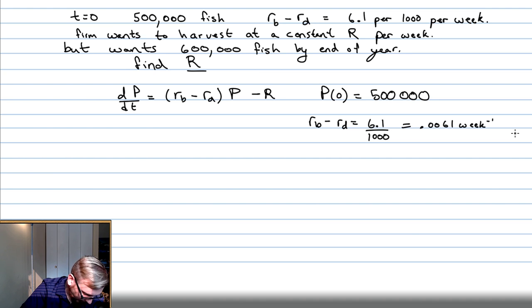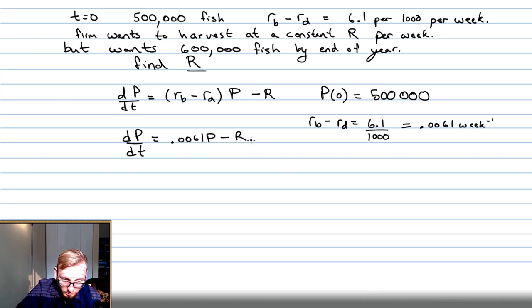Okay, so this reduces our equation to dP/dt equals 0.0061 P minus R. Now let's solve. We need to bring our population over.